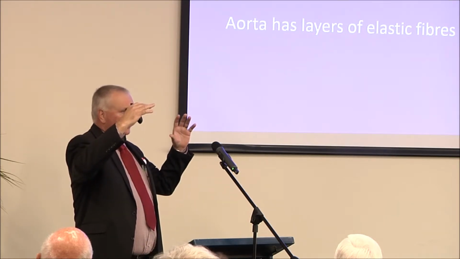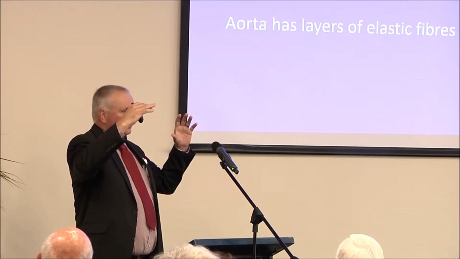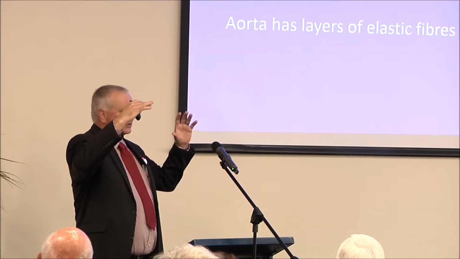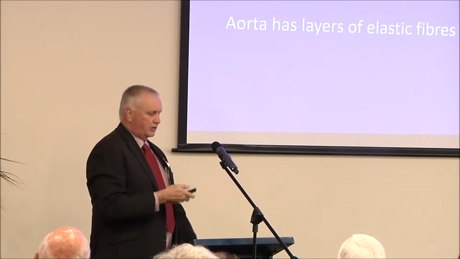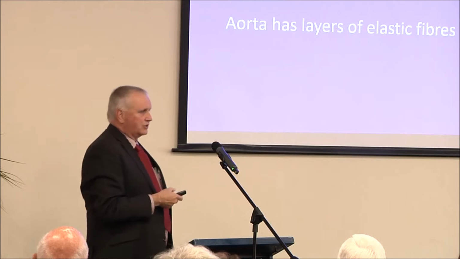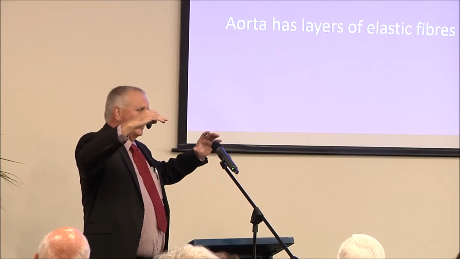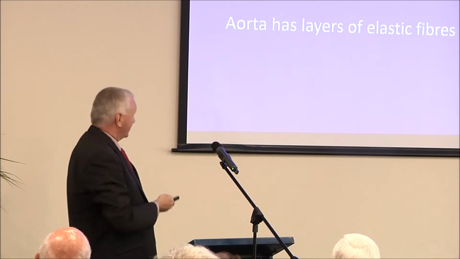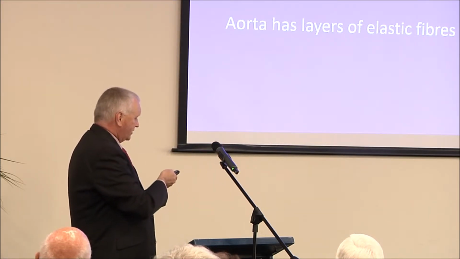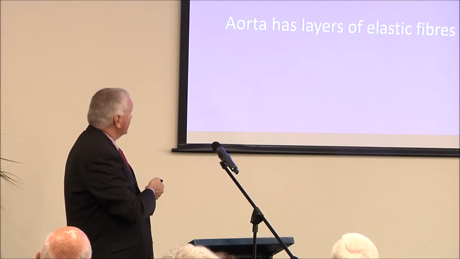But because elastic fibres are elastic like a bungee, it also allows them, when the heart's in diastole, the relaxed phase, to contract back in again and push. It's like a further pump station. So the heart's doing its pump, but the recoil in the aortic wall also contracts and further pushes the blood down. So the fact that the aorta is made up of elastic fibres is particularly important.